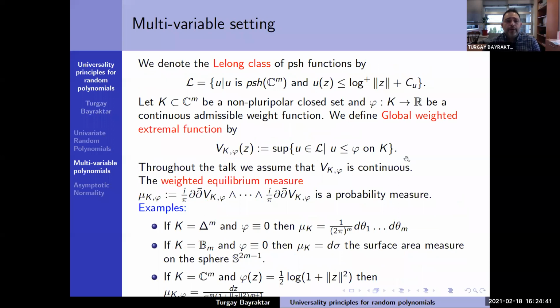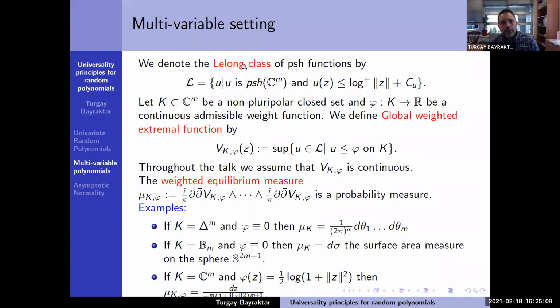Okay, so in the multivariable case, potential theory is replaced by another context, which is called pluripotential theory. In potential theory, you work with subharmonic functions. Here, you work with plurisubharmonic functions. Let me not go into details, but a plurisubharmonic function is an upper semi-continuous function that is subharmonic in every complex direction.